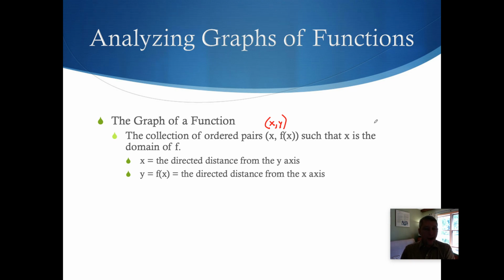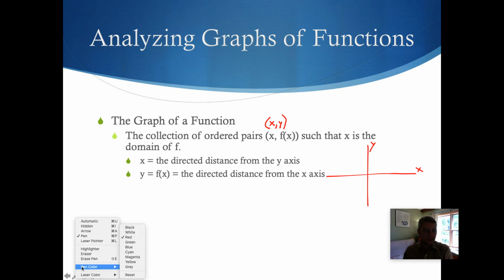The value of x is the directed distance from the y-axis. And if you look at a Cartesian coordinate system, the y is the vertical line, of course, and the x is the horizontal line here. And so x is the distance from the y-axis.